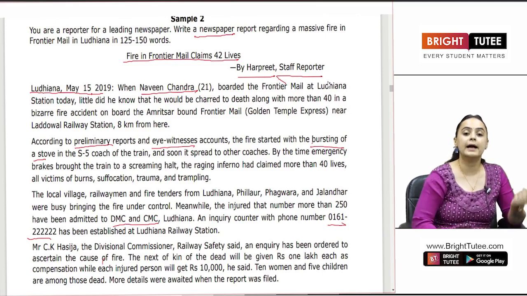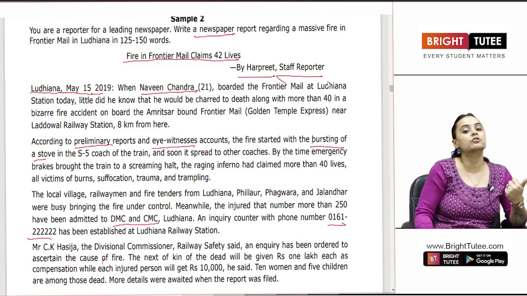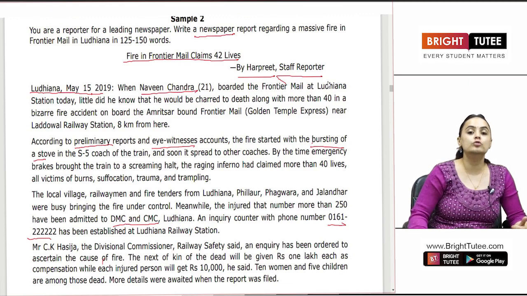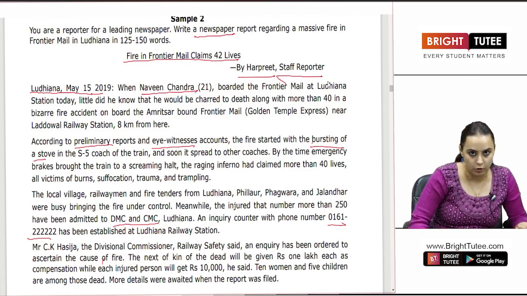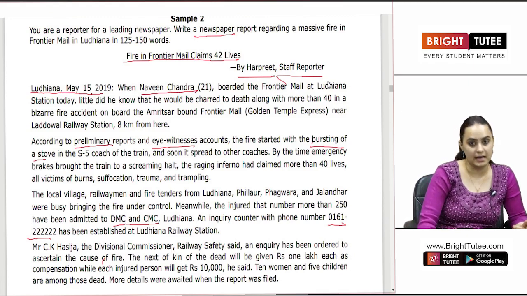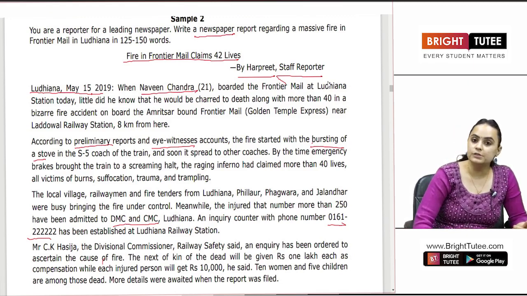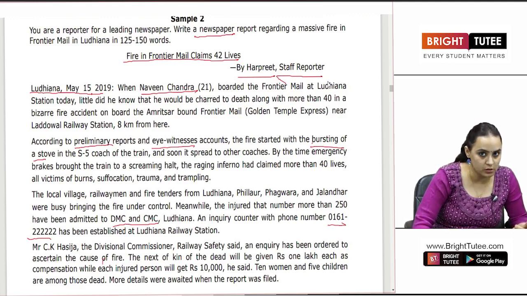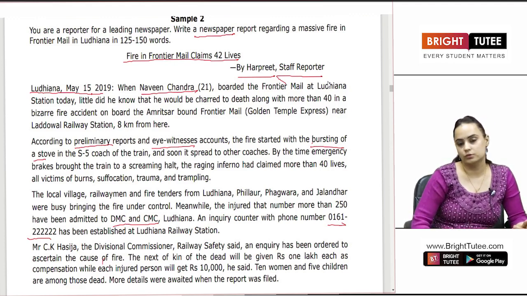When writing a magazine report, if you are describing something which you yourself were a part of, in that case you can use I and we. But in case of a newspaper report, the tone is highly formal and we do not use the first person at all.